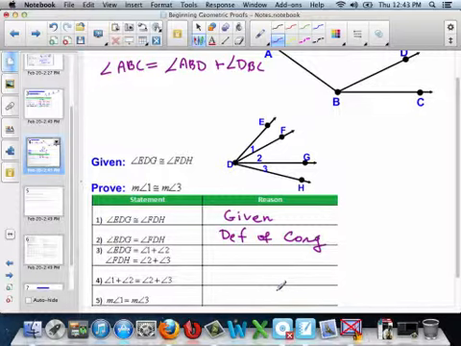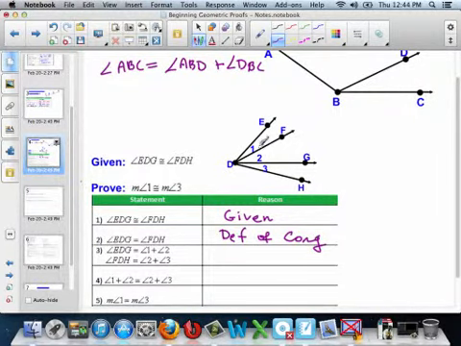Alright, so take a look at line 3. I know these two are equal, but line 3 is actually telling me what they are. So what's happening on line 3? What's our reasoning there? What do you think, Reed?